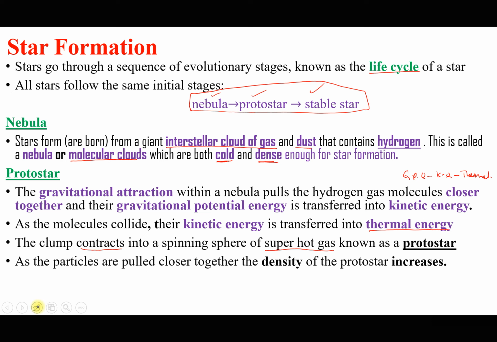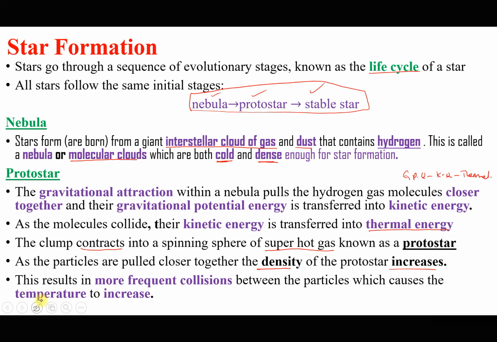So as the particles are pulled closer together, the density of the protostar increases. So the protostar becomes denser and denser as the particles are pulled together. This results in more frequent collisions between the particles, which cause the temperature to increase.